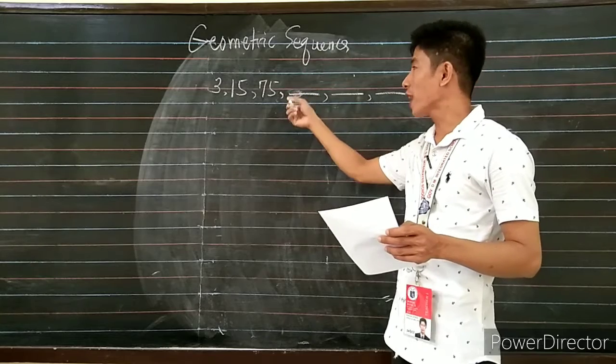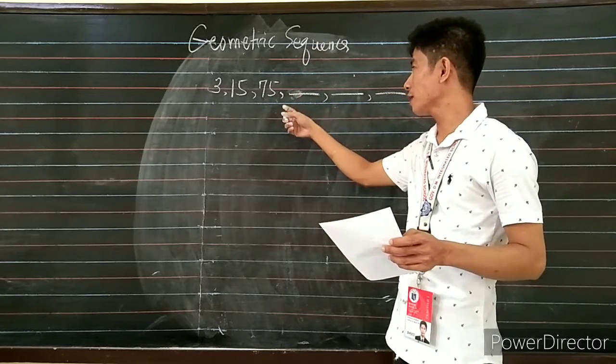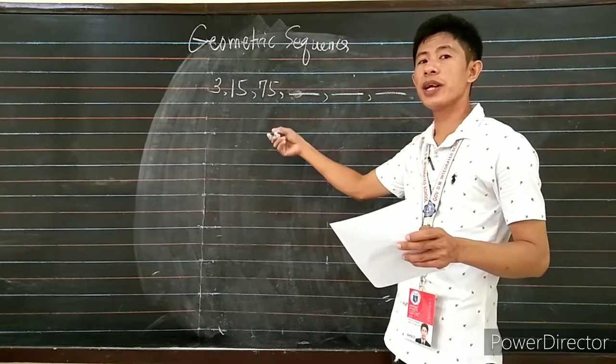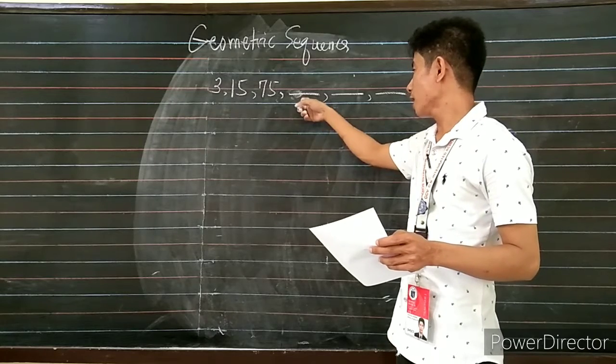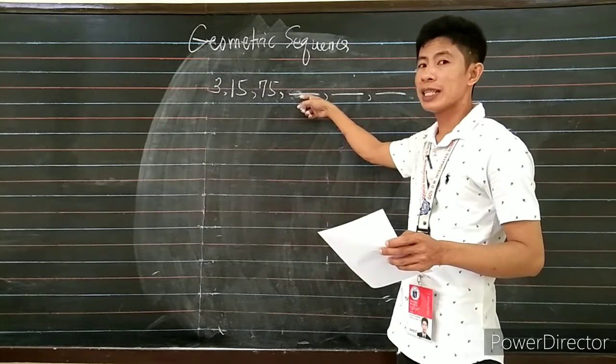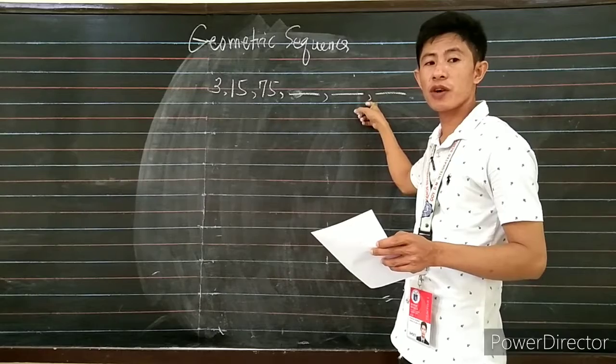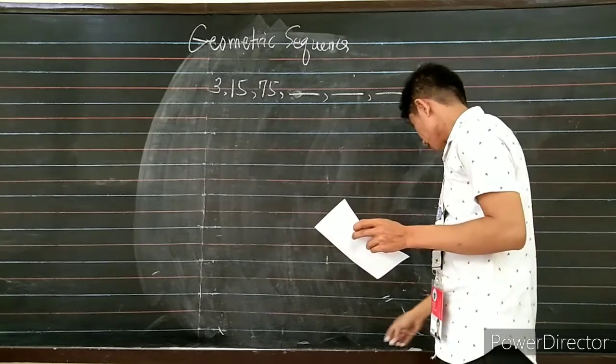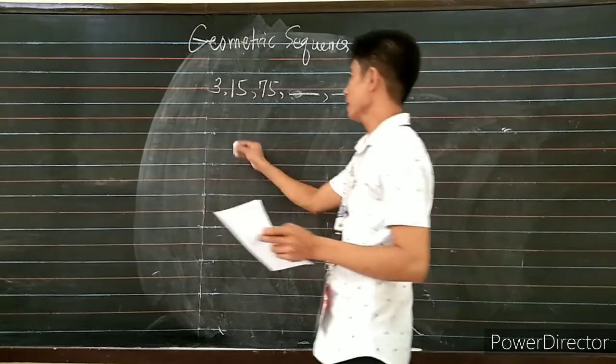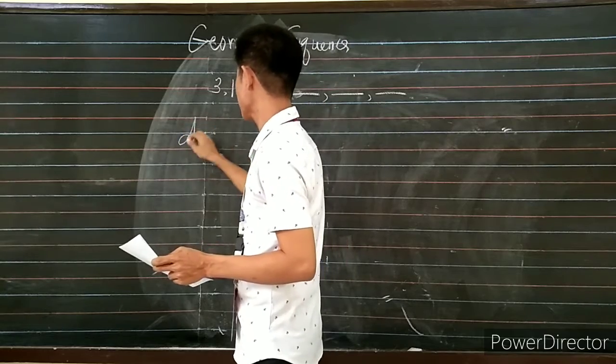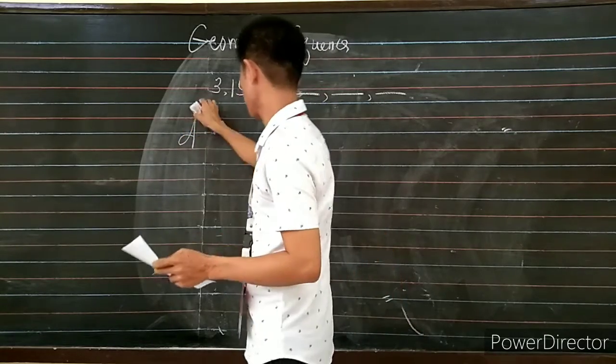If yes, find the common ratio, and if you already find the common ratio, let us give the next 3 terms of the sequence. First is to identify the first ratio.